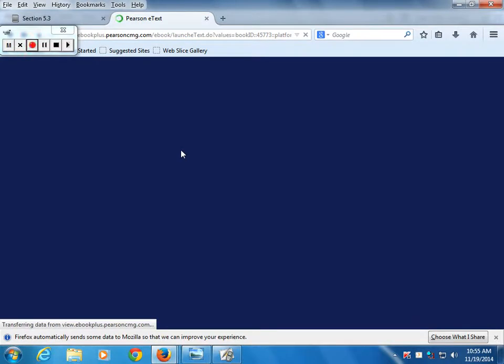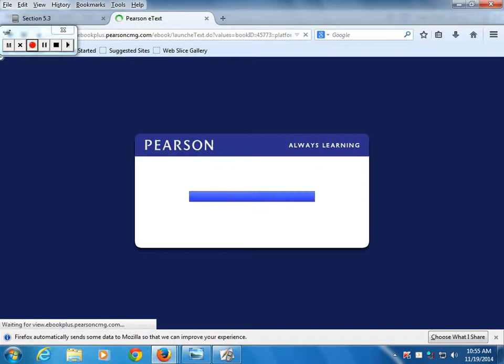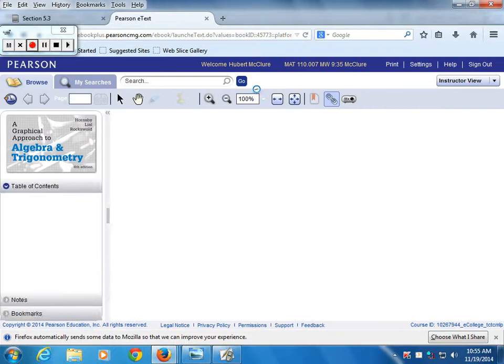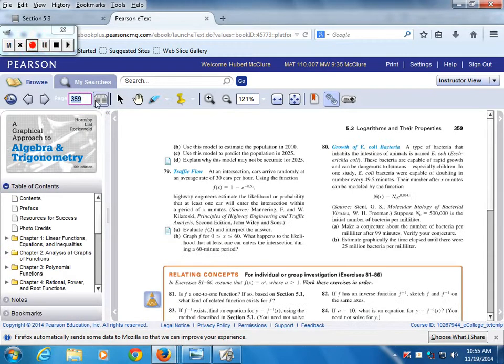Yes. Okay. I think the base is supposed to be on top. If the textbook will ever come up. Any day now. 363.